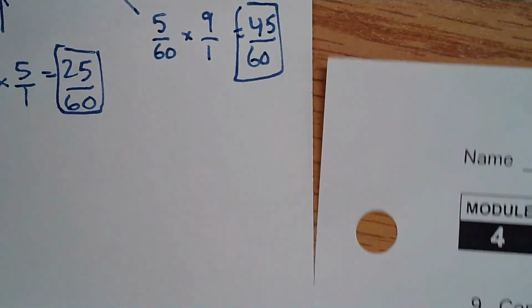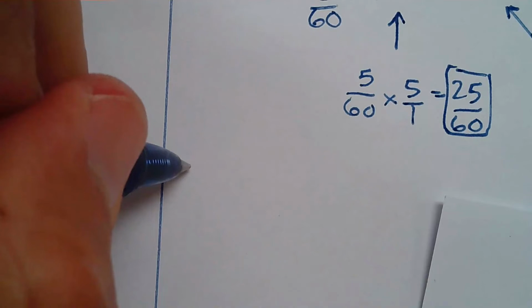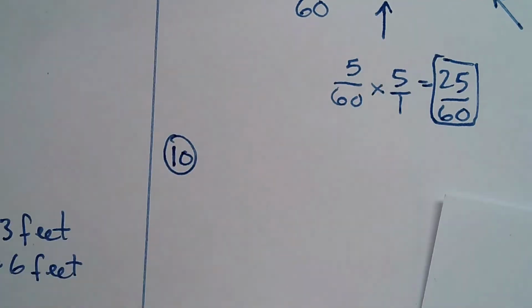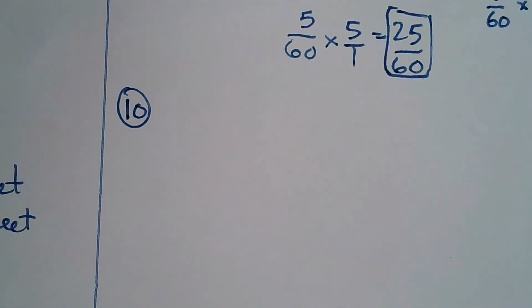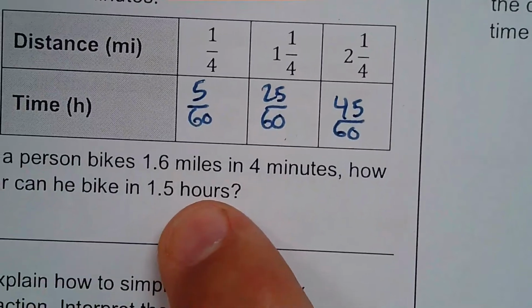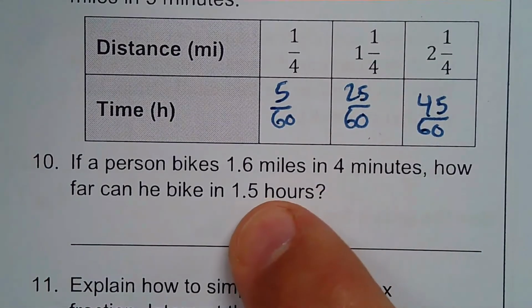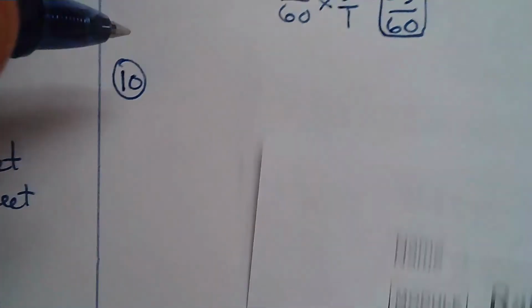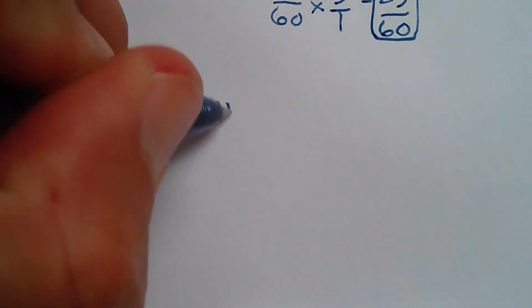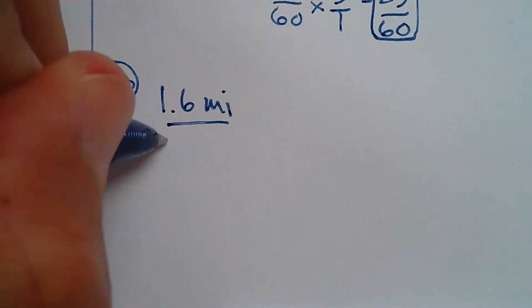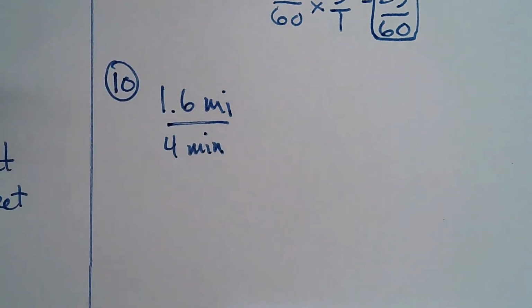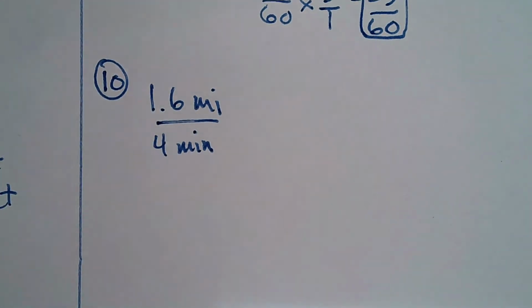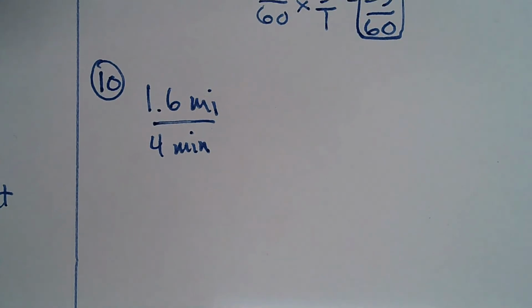Okay, number 10. If a person bikes 1.6 miles in 4 minutes, how far can he bike in 1.5 hours? Okay, then 1.6 miles in 4 minutes is how far per minute?